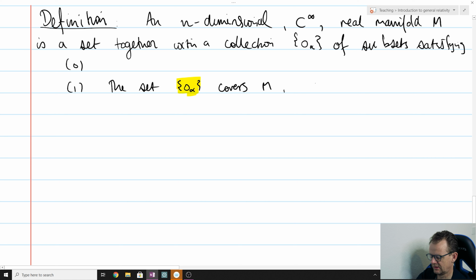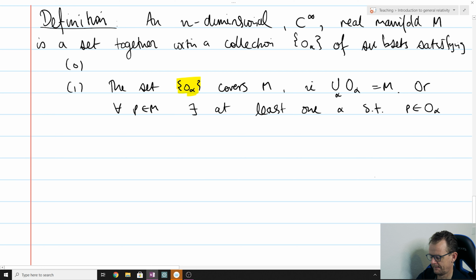It means if you stick them all together, you get M. Another way of saying this is for every point P inside M, there exists at least one alpha such that P lies in O alpha.